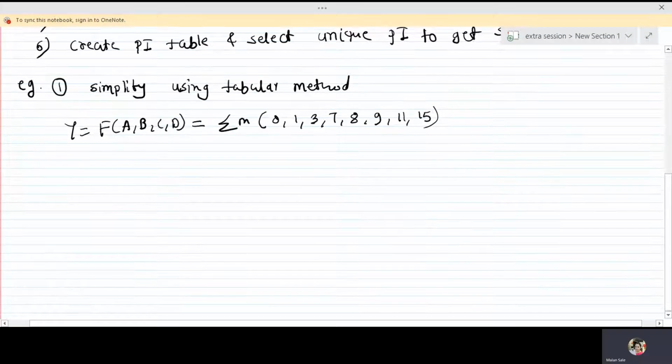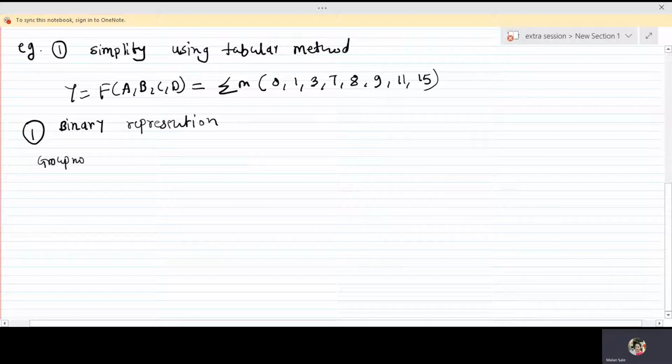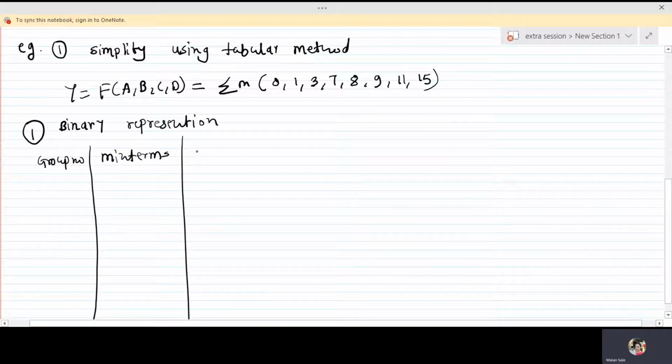Let's solve this example. First step is binary representation. Group number, minterms, binary representation.